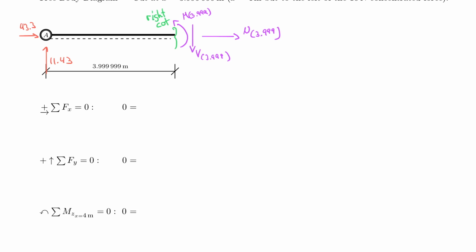So let's go ahead and calculate the sum of the forces in the x direction. 0 is equal to, I start with my unknown, plus, and I say positive N at 3.99, and I use a double positive on purpose here, and plus 43.3 Newton.